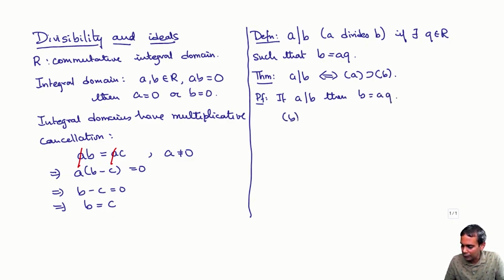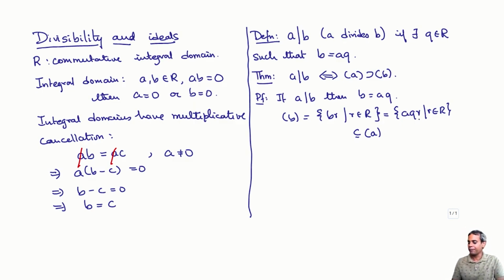So the ideal generated by b is the set br, r in R by definition, and so this is aqr, r in R, which is certainly contained in (a), because the ideal generated by a is the set of elements ar', where r' is in R, and each of these elements is of that form.